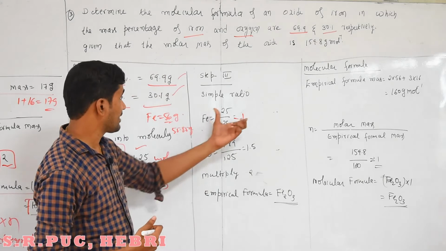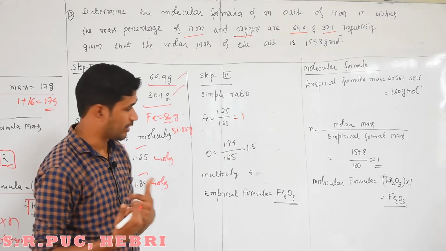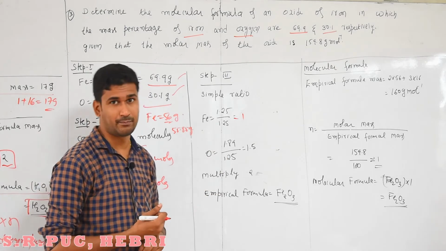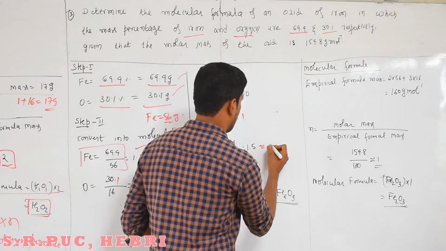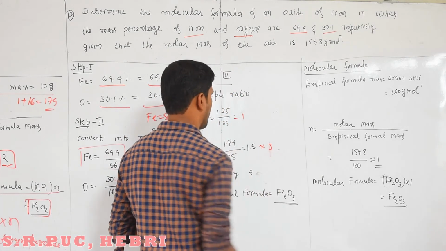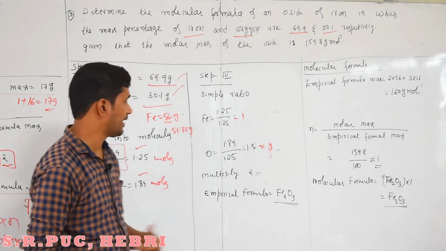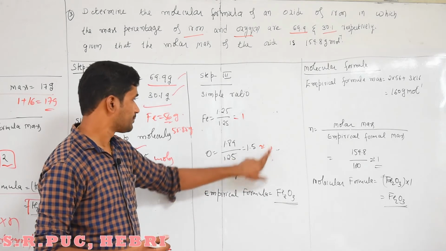Here you are not getting a simple whole number ratio. You got 1 as a whole number, but 1.5 is not a whole number. So it's a fraction. You cannot convert it like this. It's not equal to 2 or 3. It's not possible to write straight away as 2 or 3. So what do we have to do?